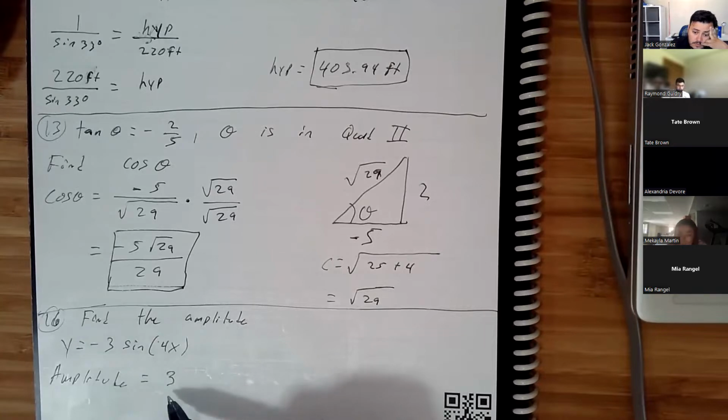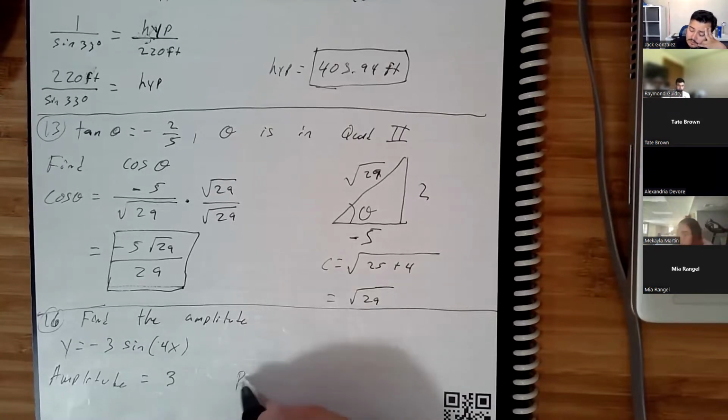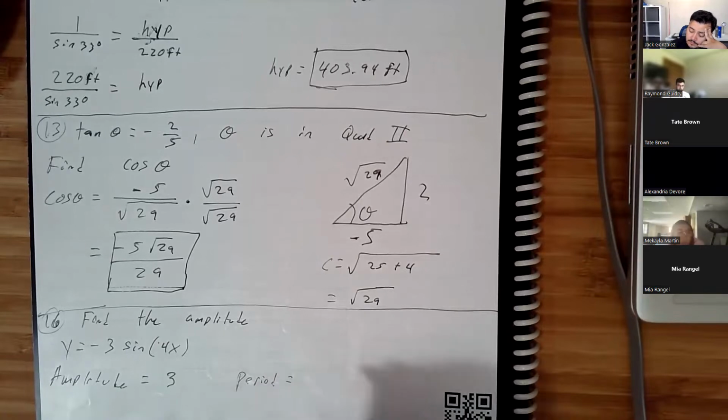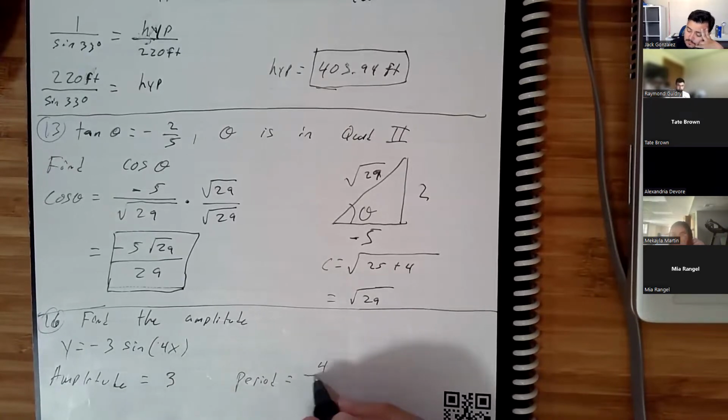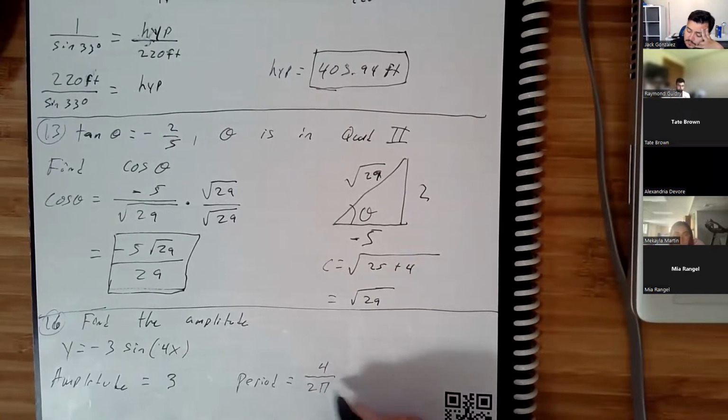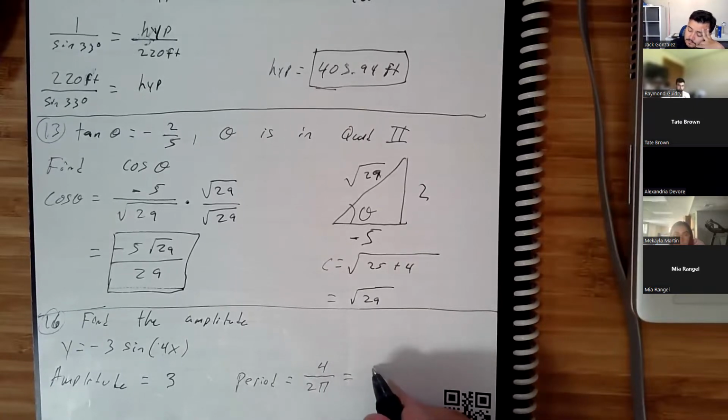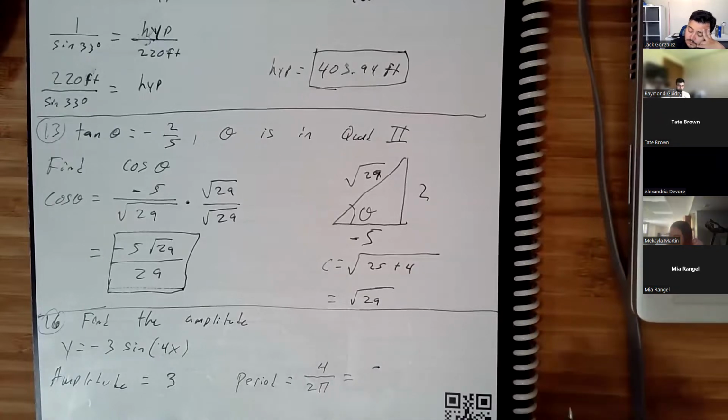That's amplitude. They didn't ask, but if they asked for a period, what would it be? Right, we take this number, divide by this. Actually, that's wrong.